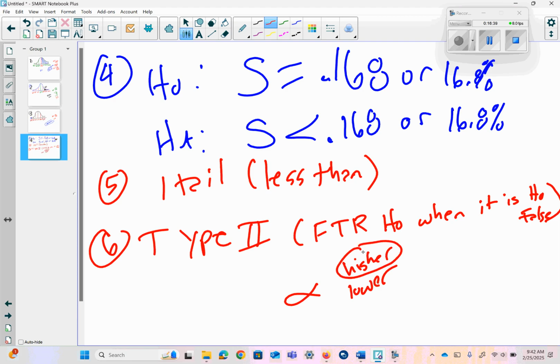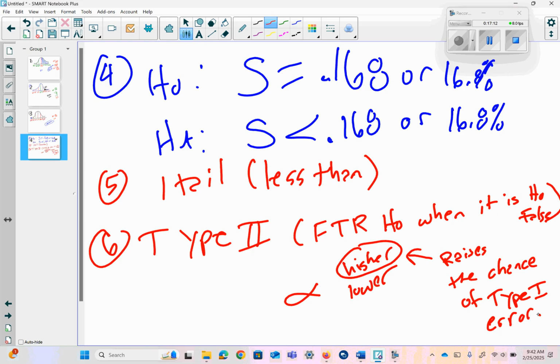A higher alpha raises the chance of a type 1 error. If it raises the chance of a type 1 error, then it lowers the chance of a type 2 error. Make note, maybe put a star next to that. That might be something we want to take a look at.